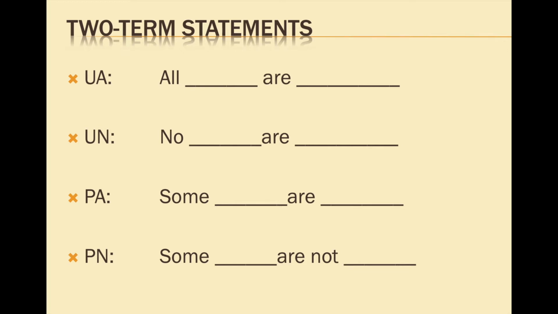Those classes or categories represented by the terms. So each statement then gives us a specific subject term and a predicate term. Each statement also has a quality and a quantity. And so this is, of course, just review, but we want to make sure we understand that as we move forward, because it's these basic forms of two-term statements that we're going to start with when we generate logically equivalent statements.